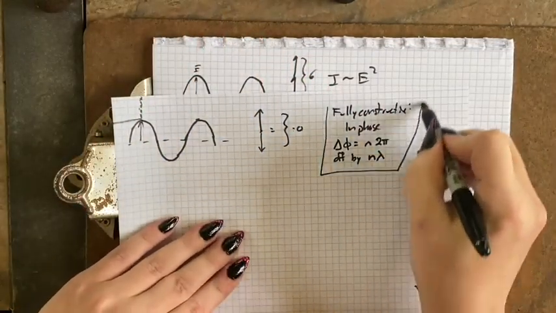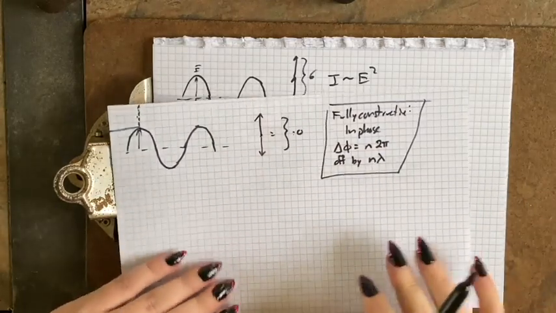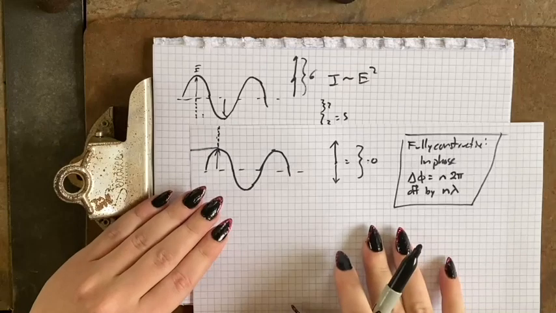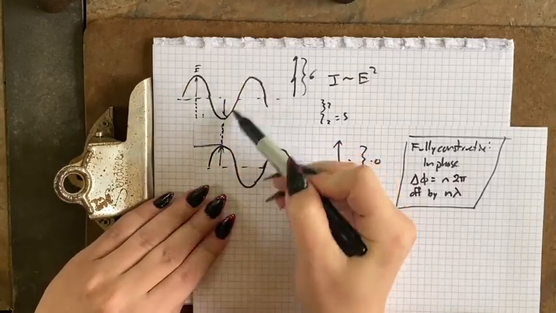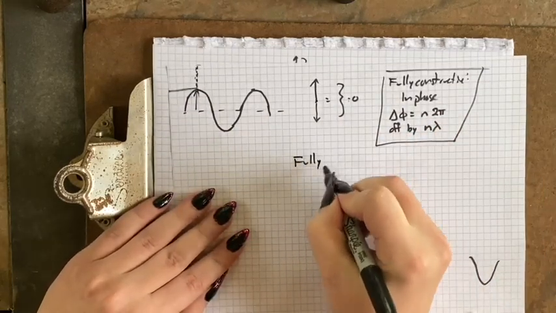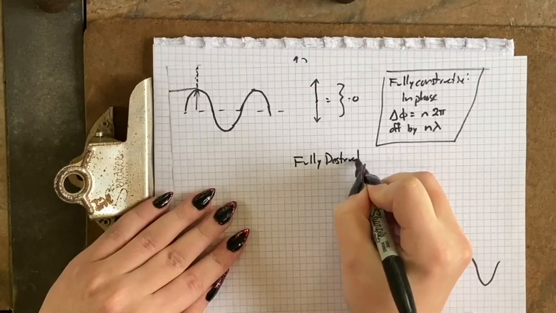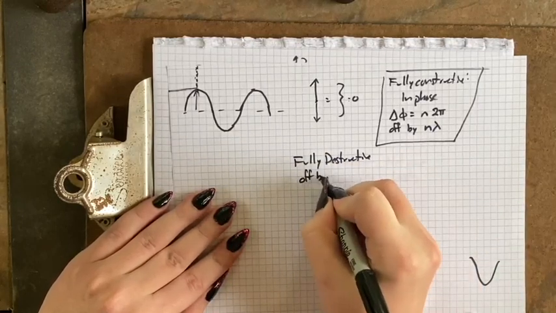So that's something we need to know: if you're constructive, you need to be differing by integer numbers of wavelengths. About fully destructive, that's this situation, where if this is a full cycle and we've only gone halfway, to get fully destructive we need half wavelengths.